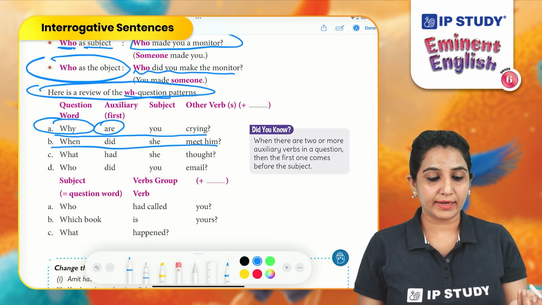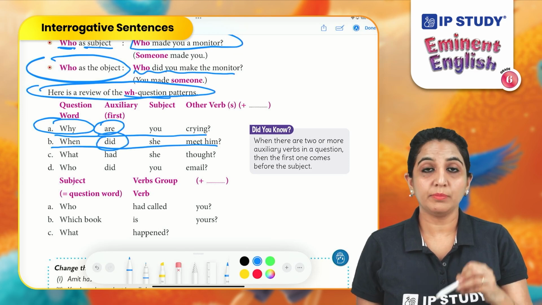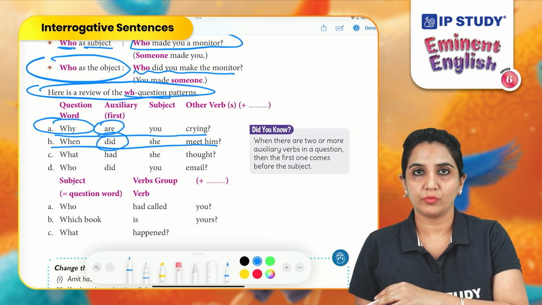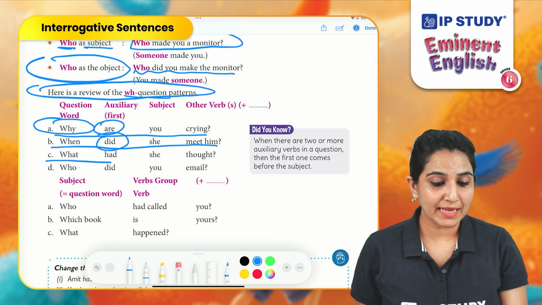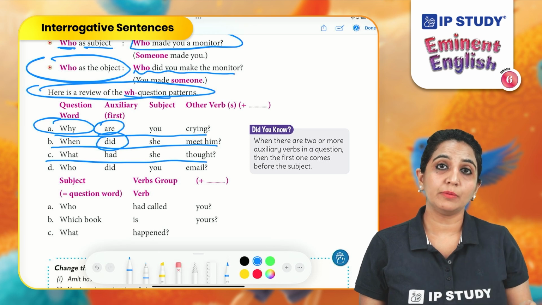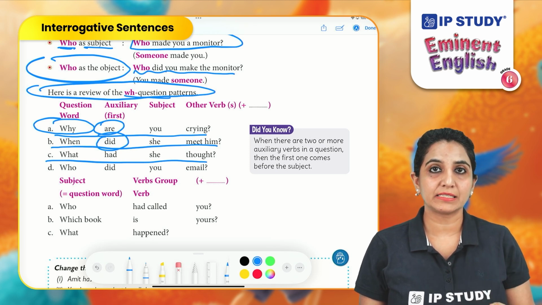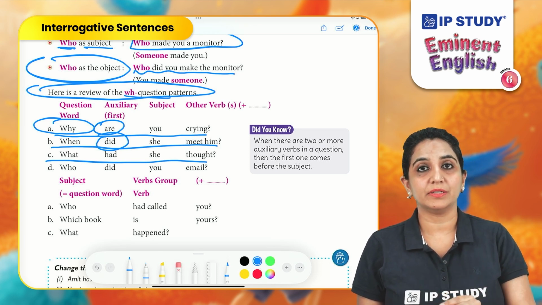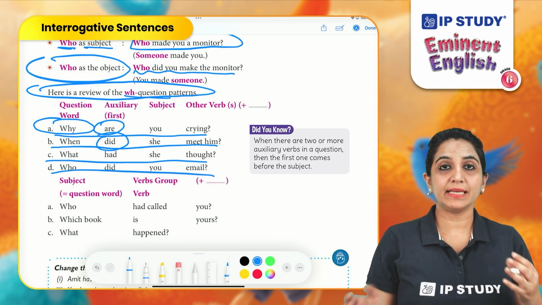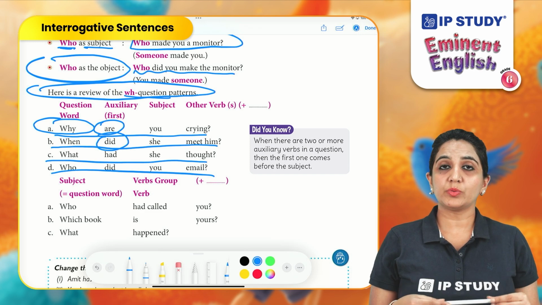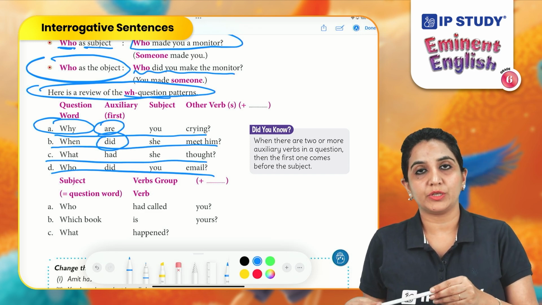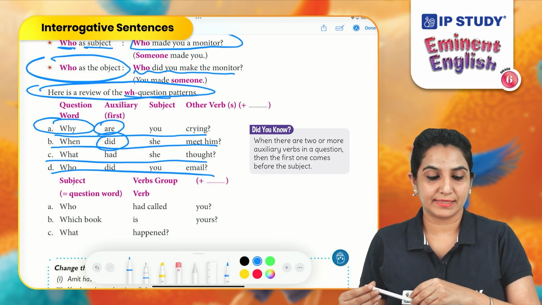Again, with when, we use the auxiliary verb before the subject and then the other verbs. What had she thought? Again, had, we use the auxiliary verb before the subject and then the other verb. Who did you email? Similarly, did is an auxiliary verb which will come before the subject you, and after that we will use the other part of the sentence.